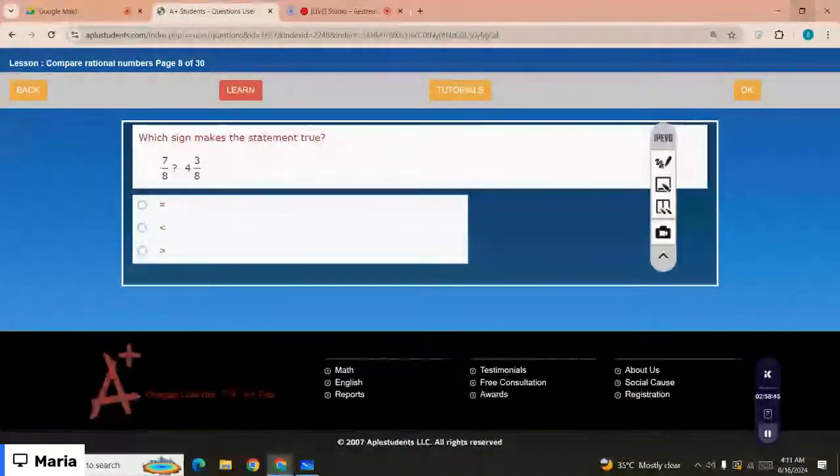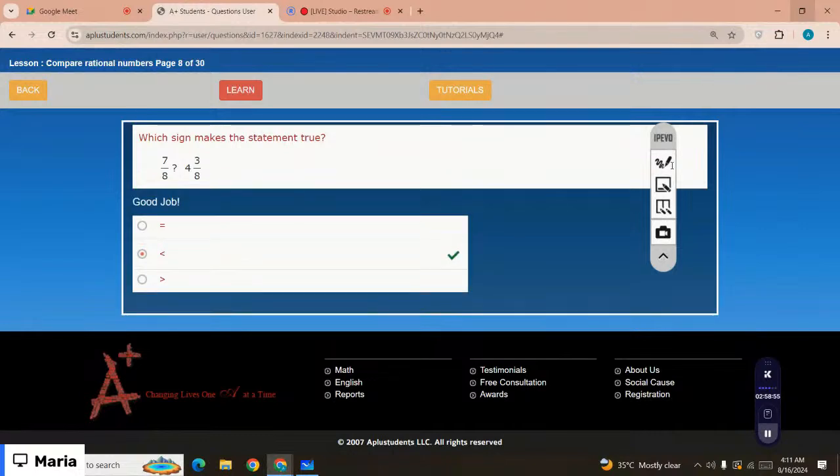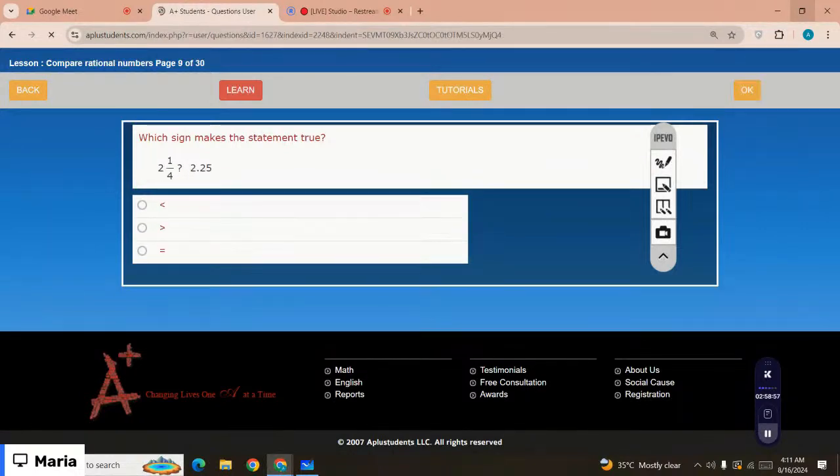The correct option is 7 over 8 is less than 4 whole 3 by 8, right? 4 whole, that is a whole number 4. 7 over 8 is something in decimals, right? Okay, you can complete the lesson by yourself later today. Let me just move on to the next lesson.